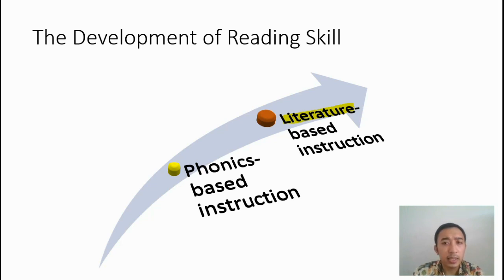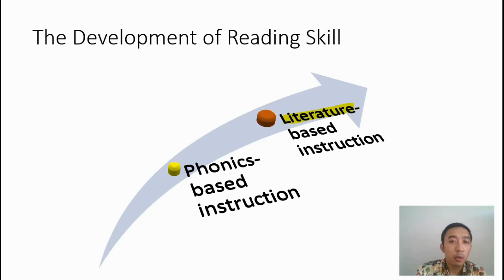This is teaching how to understand the literature, or the text, or the context of reading. In this case, we develop the literacy skill. Literacy, the ability to read and also to write.